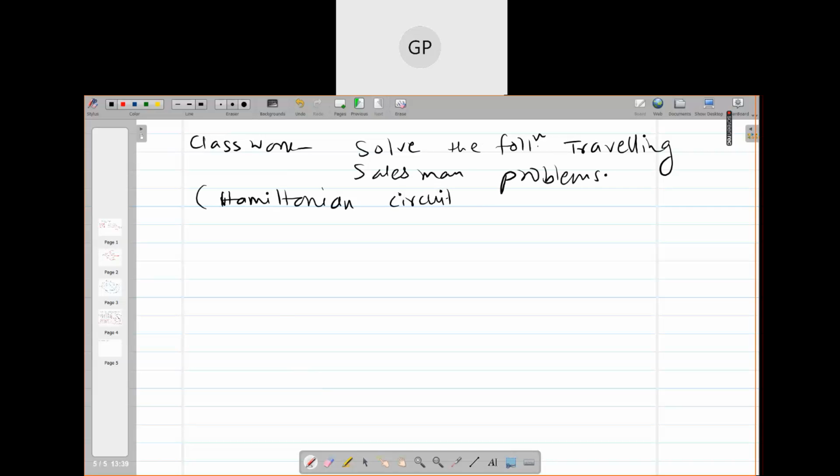Hamiltonian circuit with minimum length. Is that okay? This is a 4 to 5 marks question. So the first problem, I am drawing the graph: B, then you have C, then you have A and B. You have one more vertex here, V.